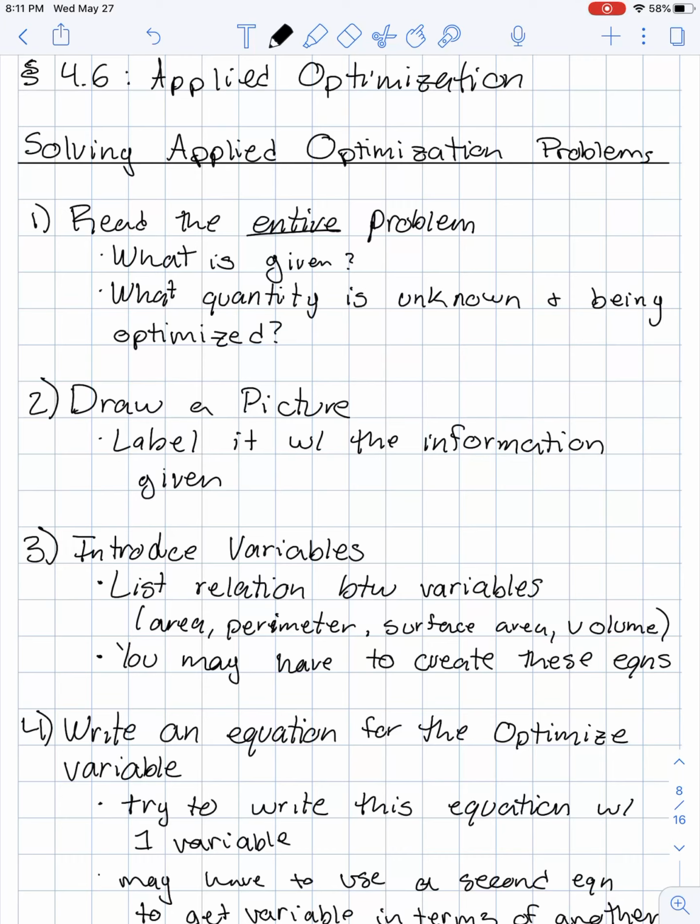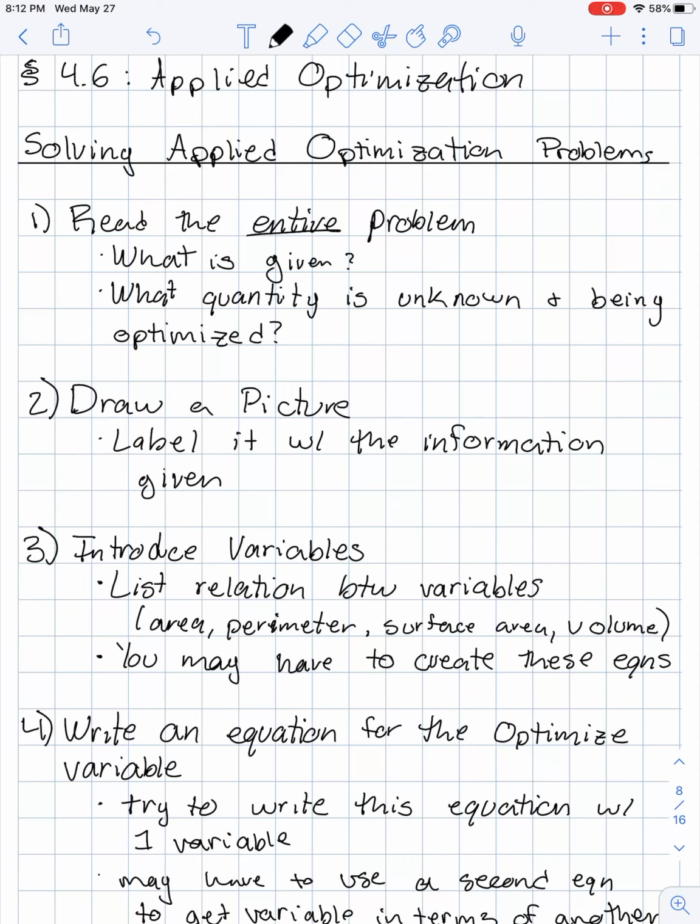So I've written down a good way to solve applied optimization problems, and so let's run through those now. So read the entire problem, which seems like duh, but you need to ask, what am I given? When I read optimization problems, the first thing I do is write what's given, like area equals this, or I know that it's supposed to be this shape.